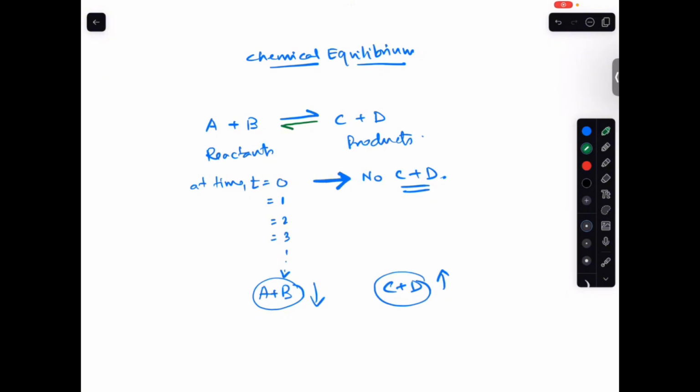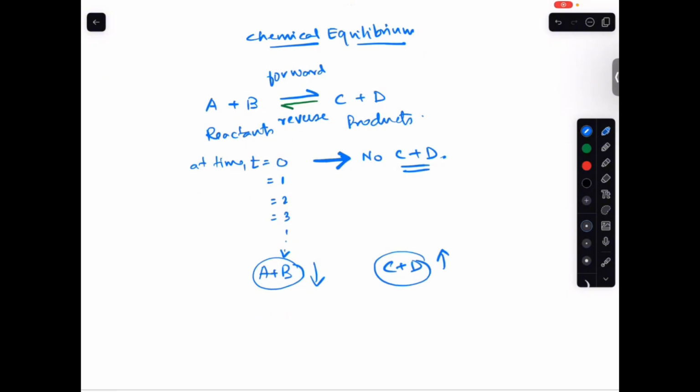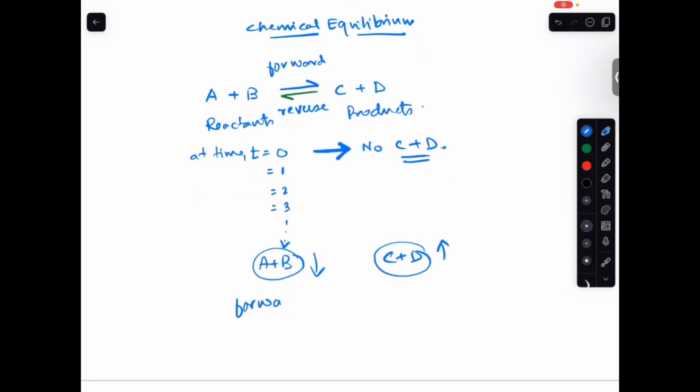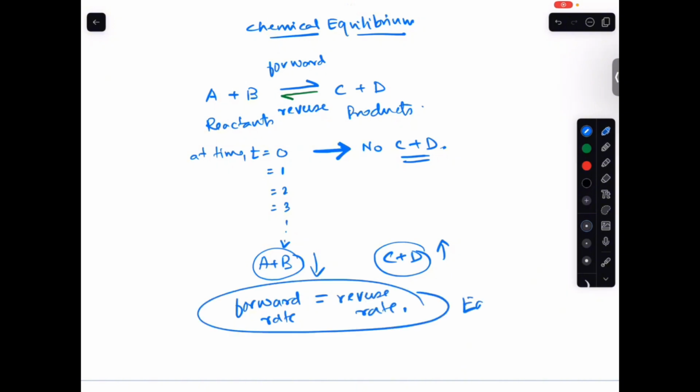So you have a forward process, and then you have a reverse process. And when the forward rate, so the rate of formation of products, equals the reverse rate, then you have a situation of equilibrium, which is also referred to as dynamic equilibrium.